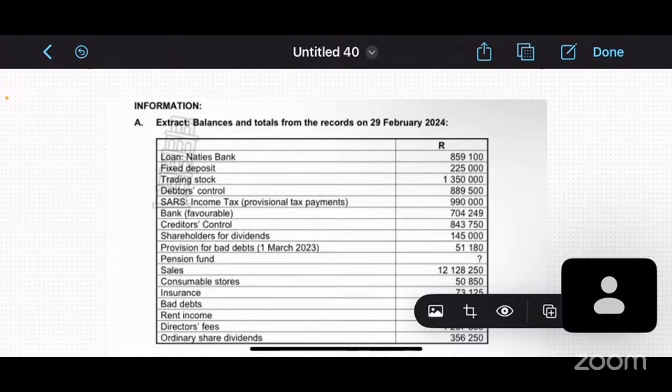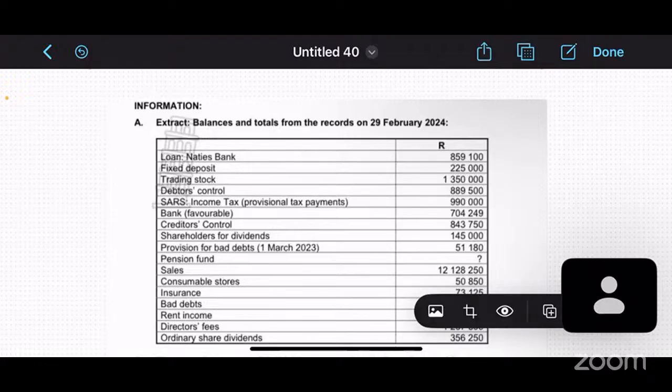Okay, Kim, let's hear you out. Ma'am, non-current assets are assets that are used over 12 months, and then current assets are used within 12 months. Okay, cool. Thank you, guys.